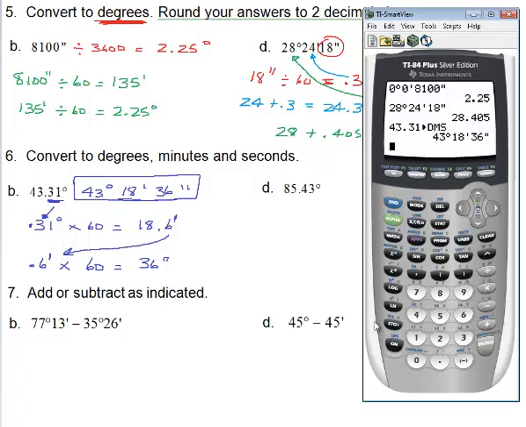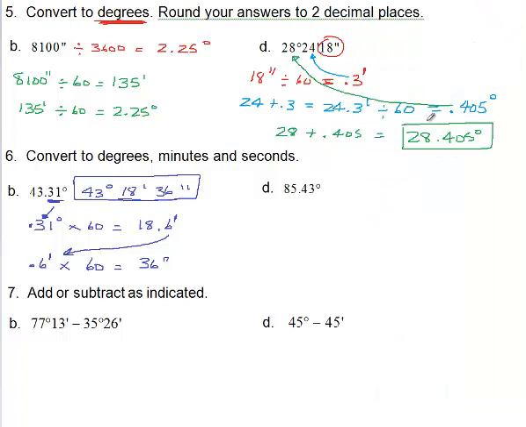Alright, let's see that again one more time with another problem. We have 85.43 degrees. And again, I know how my answer starts, I should say: 85 degrees. It's going to be something minutes, something seconds. So I take the decimal portion only, which is 0.43 degrees. I multiply that by 60. 0.43 times 60 is going to give me 25.8.